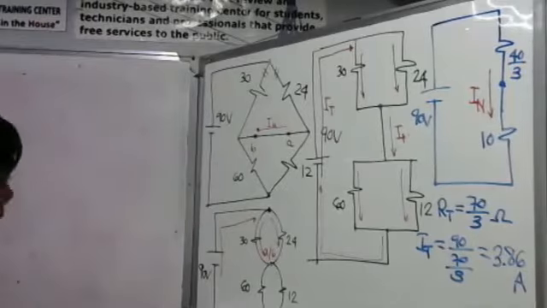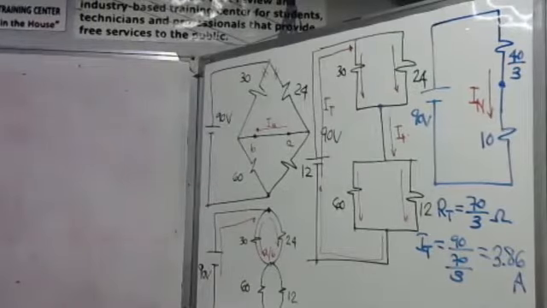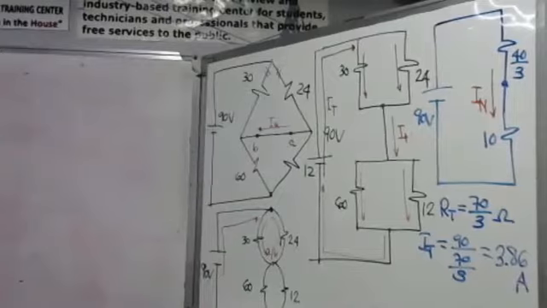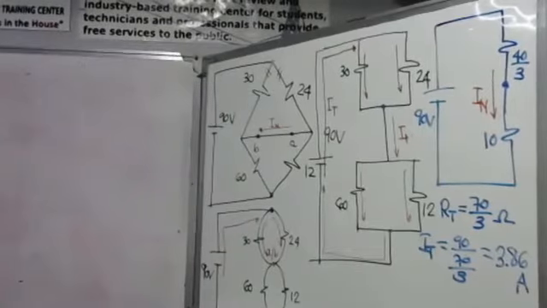They should have the same answer. Okay, I'll just double check this one. So we have 30 times 24, then divided by 30 plus 24. That is 40 over 3.